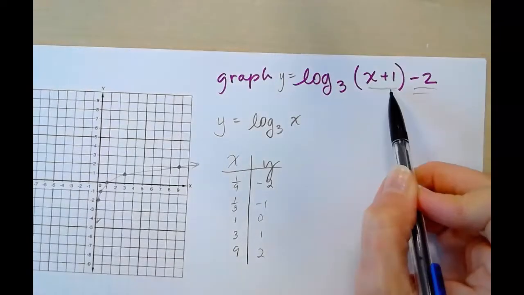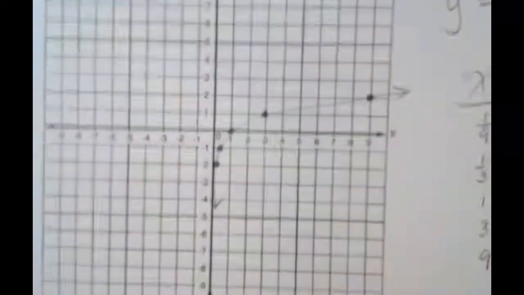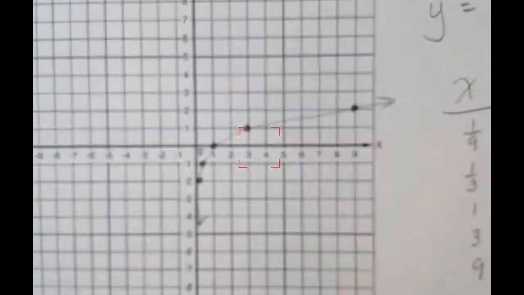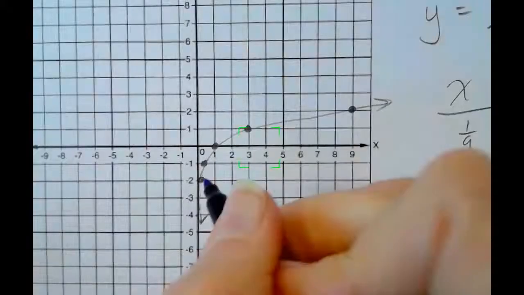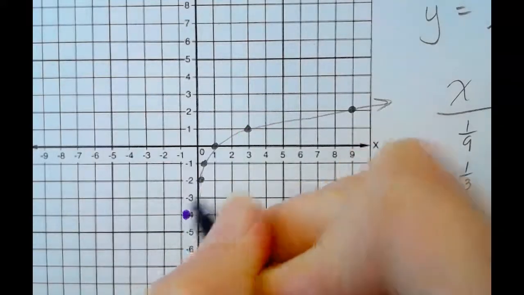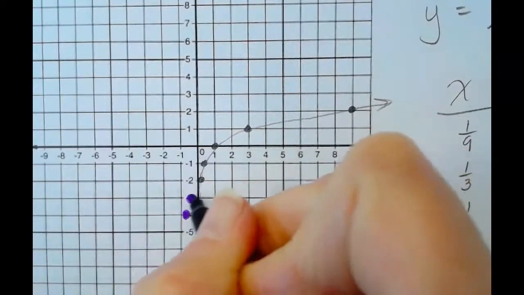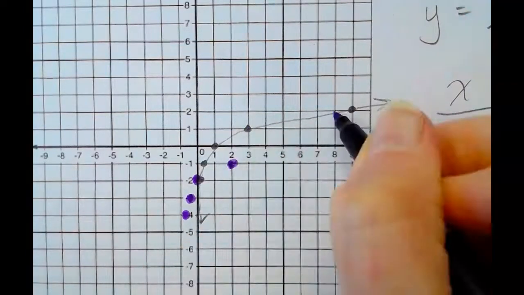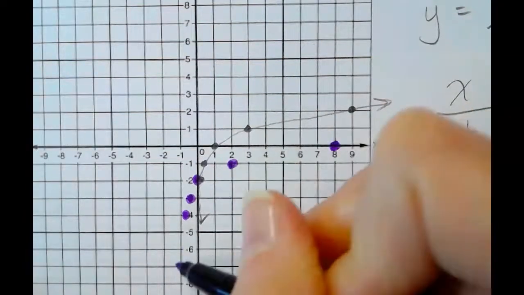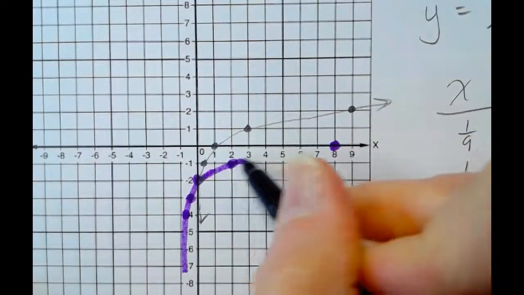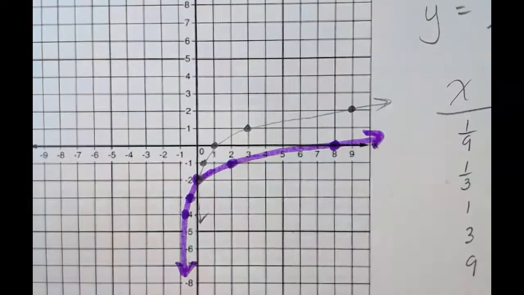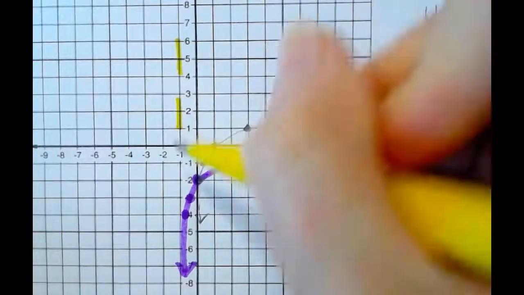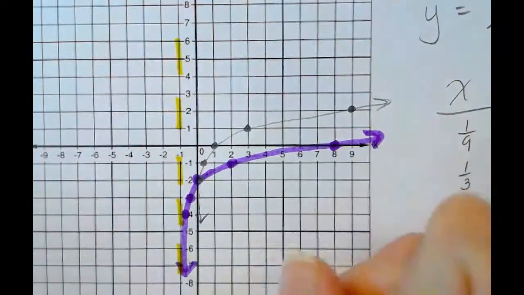So every single point is going 1 to the left, down 2. Here's our graph. And we don't have a horizontal asymptote, we've got a vertical one right here.